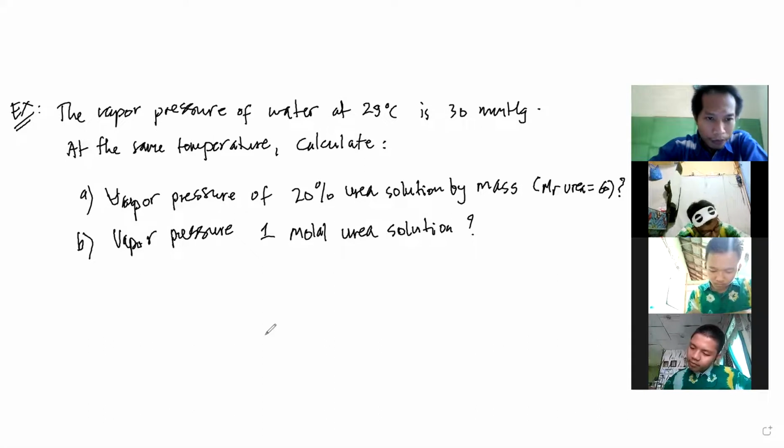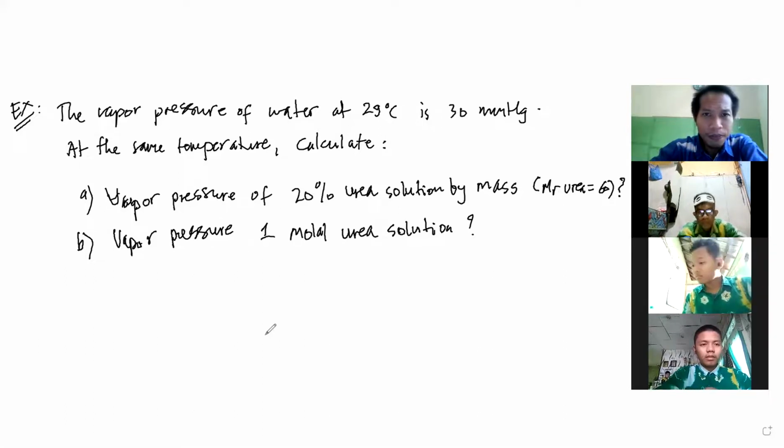Continue part B. Iki, continue part B. Yogi, continue part B. Sauki, continue part B. Naufal, continue part B. Andika, continue.